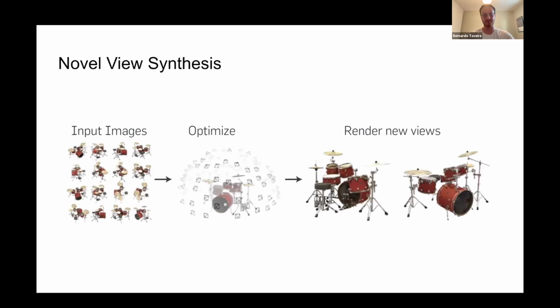So again, in this novel view synthesis problem, we start from real images. We then try to optimize a 3D representation. Photogrammetry, for example, could be an option, but it still works in meshes and it's a bit messy. So we want to optimize a 3D representation that's light and easy to work with, and then render new views, views that we have not seen or that we don't have images of.